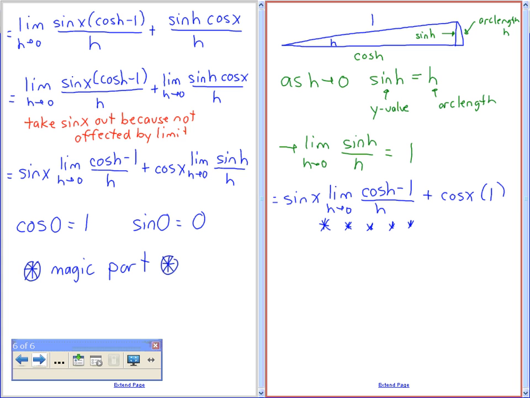Well, how are cos and sine related? Go ahead. Great. So what I'm going to want to do is change this into cos squared somehow, right? How do I change that into cos squared? I'm going to multiply it by cos h plus 1 over cos h plus 1.